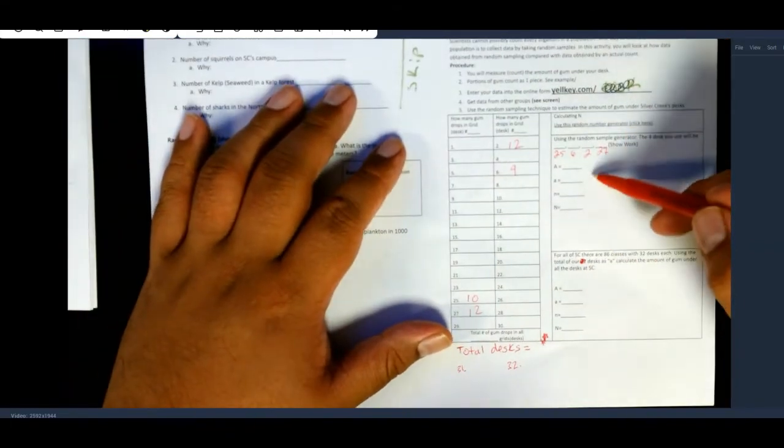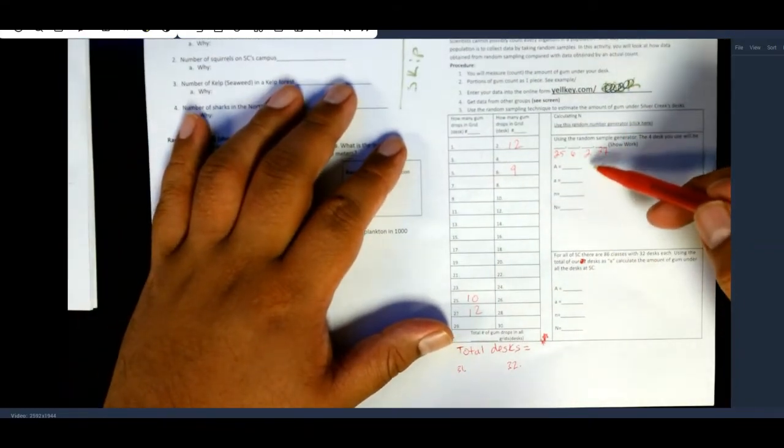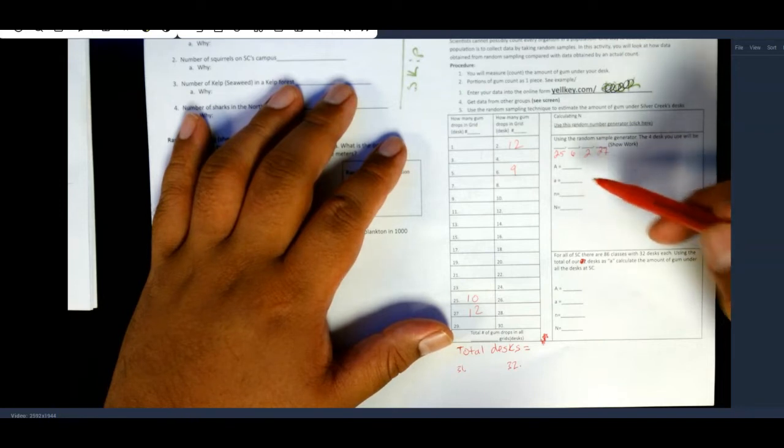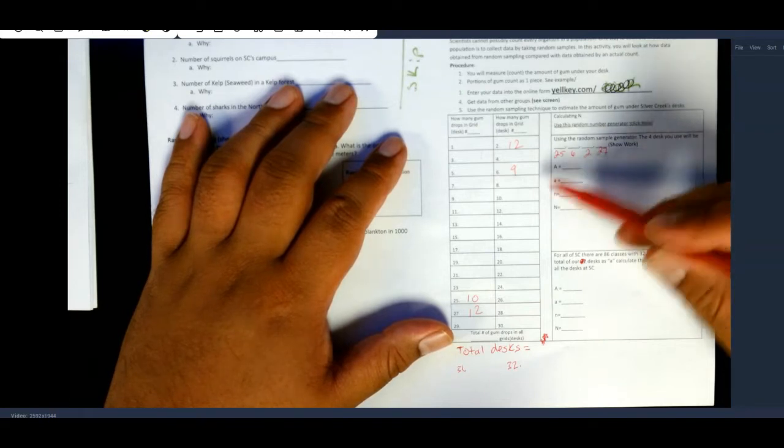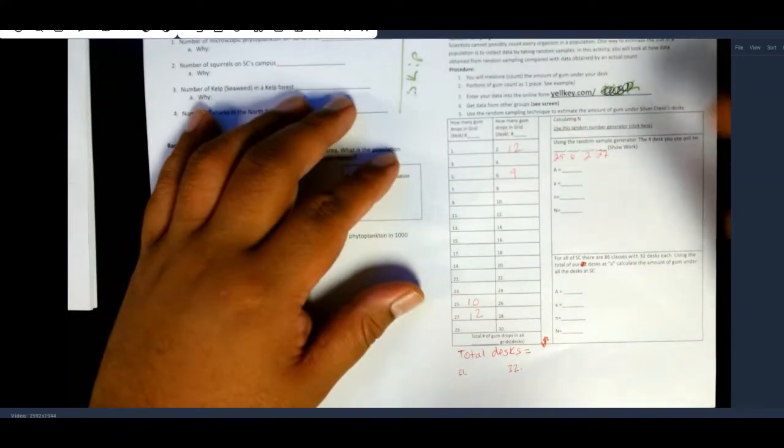All right, so our big A. Your big A depends on how many desks your class sampled. Yes, I know there's 32 desks, but we didn't collect data on 32 desks in every period. There was one class with about 6 missing desks, so we didn't have all 32 numbers.